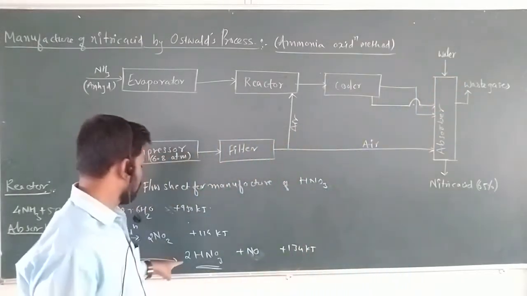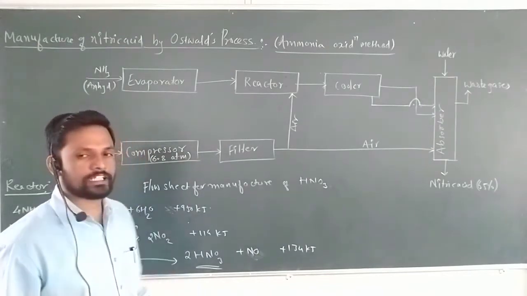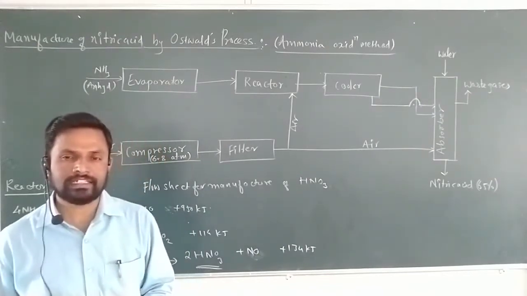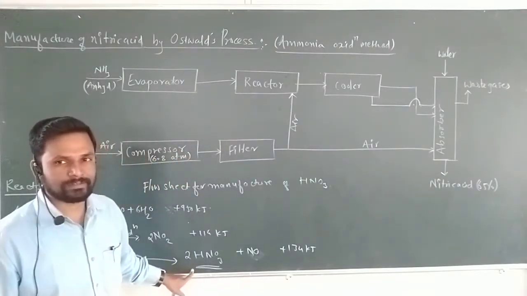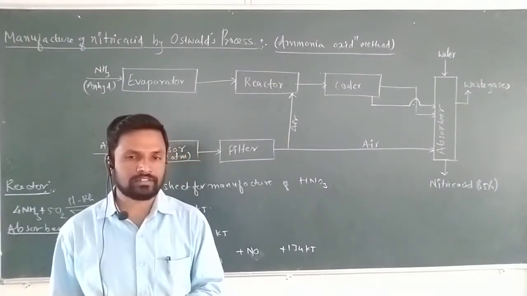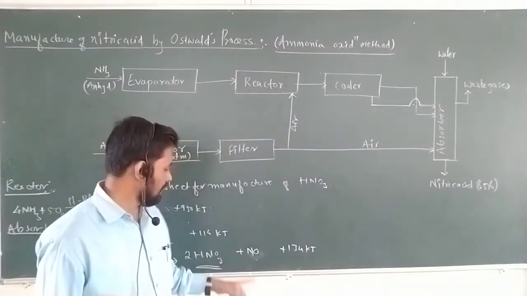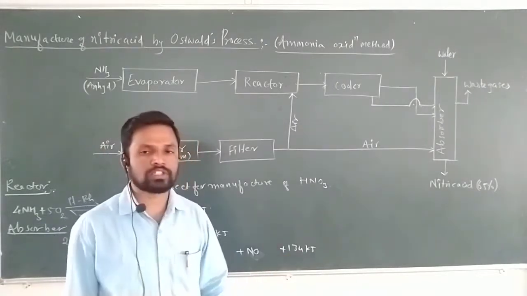So with that water and the oxygen, the absorption takes place. The formed nitrogen dioxide is absorbed by the water and forms nitric acid. That is, diluted nitric acid is formed. This is very important. Diluted nitric acid is formed with evolution of plus 134 kilojoules of heat.